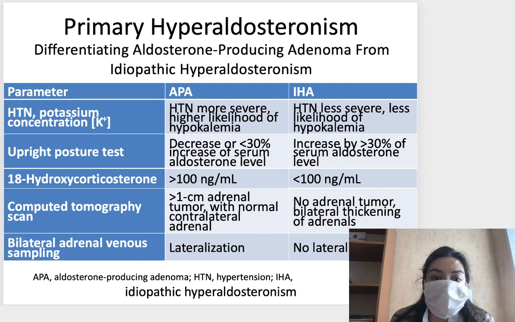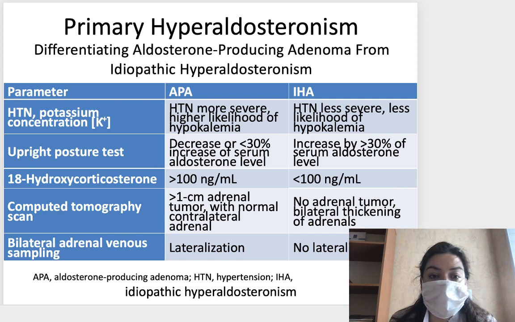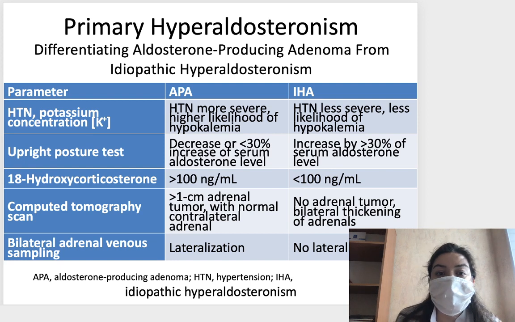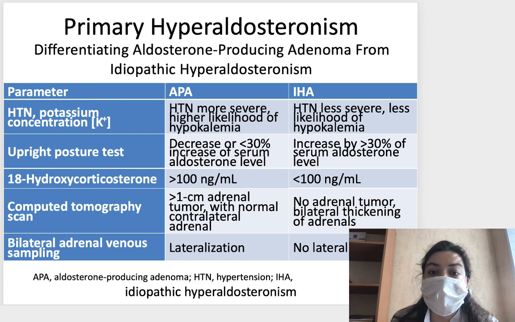Okay, and here is a scheme for differentiating aldosterone-producing adenoma from idiopathic hyperaldosteronism. For potassium and hypertension: in APA, hypertension is more severe with a higher likelihood of hypokalemia, and in the idiopathic form, hypertension is less severe with less likelihood of hypokalemia.